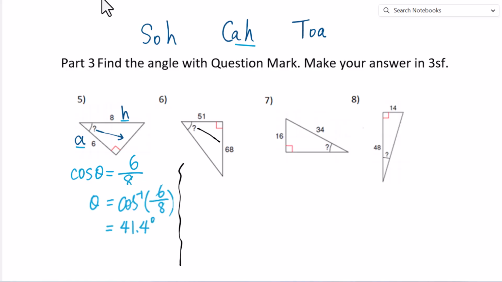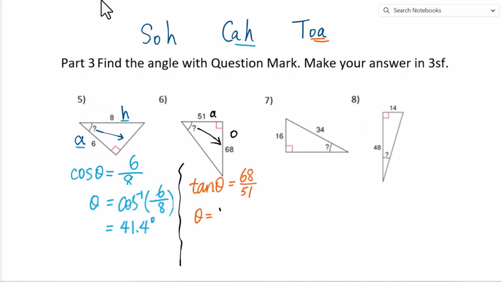Label the sides with the values. Opposite. The other leg is adjacent. OA. We have to use the tangent function. Tangent theta equals O over A is 68 over 51.